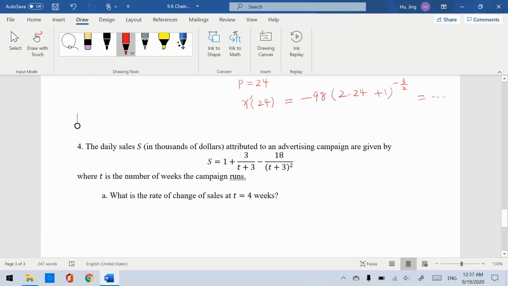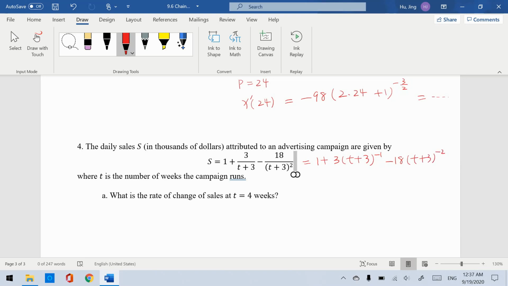Okay, so the last question. The output we use S, and this t is input. Let's just change it to exponent form: negative 1, right, minus 18 (t plus 3) to the negative 2 power.